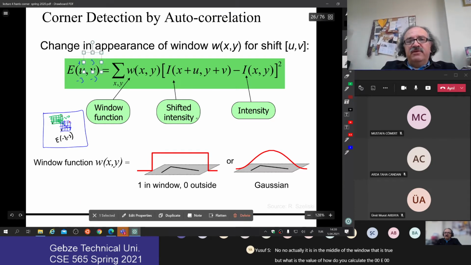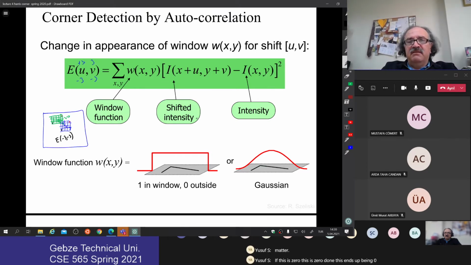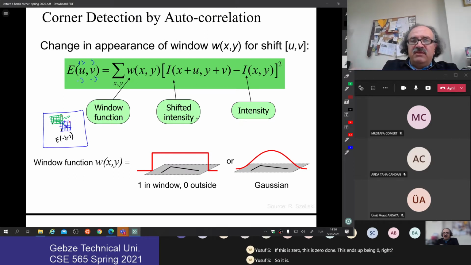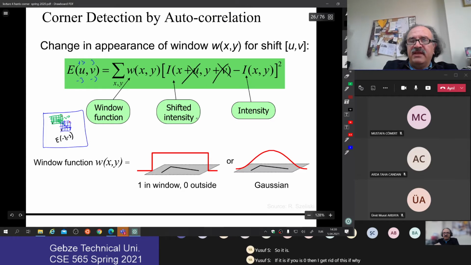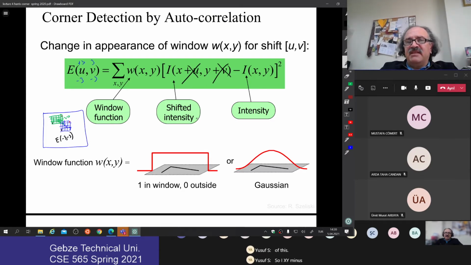E00, okay, put 00. Whatever these xy values, doesn't matter. If this is 0, this is 0, then this ends up being 0, right? So if u is 0, then I get rid of this. If v is 0, I get rid of this. So Ixy minus Ixy, it means that this is 0. 0 times something is 0.